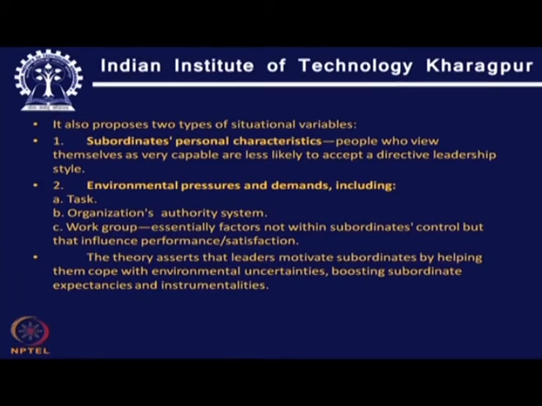In the work group, these are essential factors which are not under the direct control of subordinates, but that influence performance and satisfaction. So, it is told that this leadership affects subordinates' performance by motivating the subordinates, helping them to cope with the environment and uncertainties, and boosting subordinate expectancies and instrumentalities.